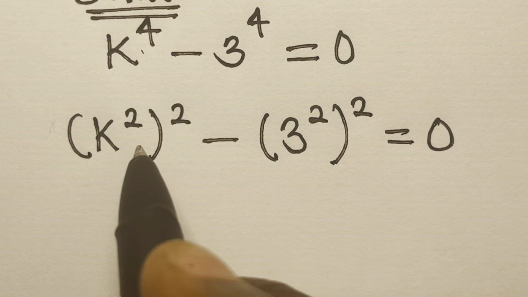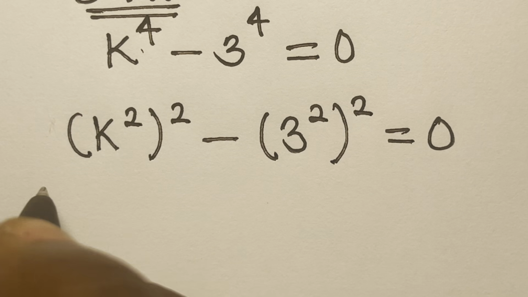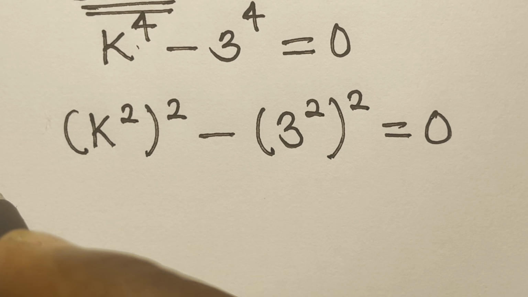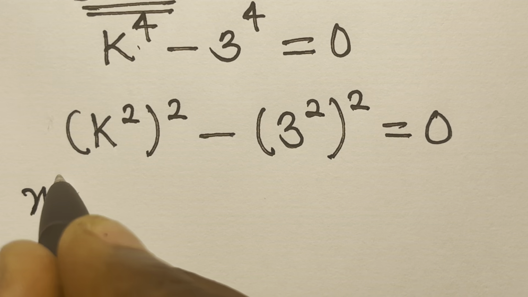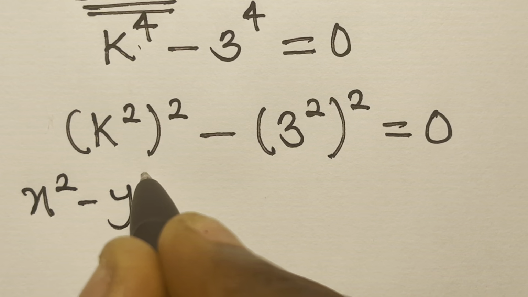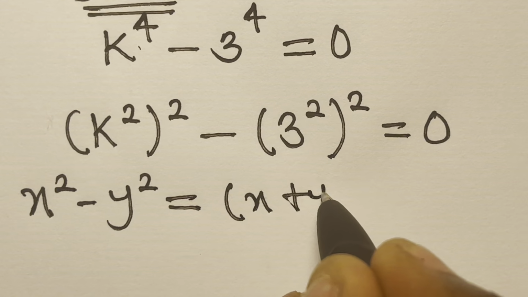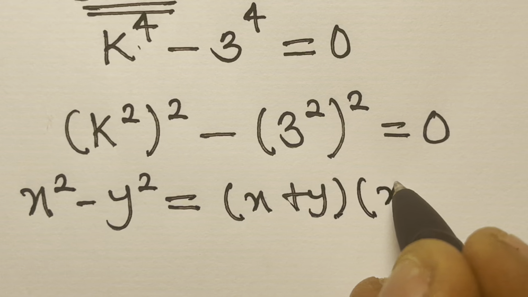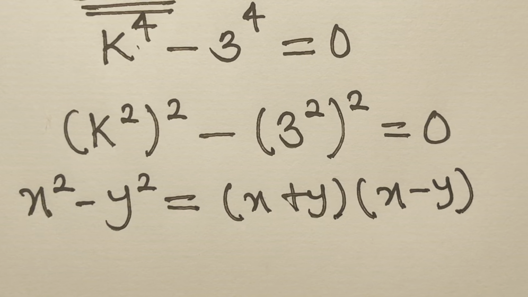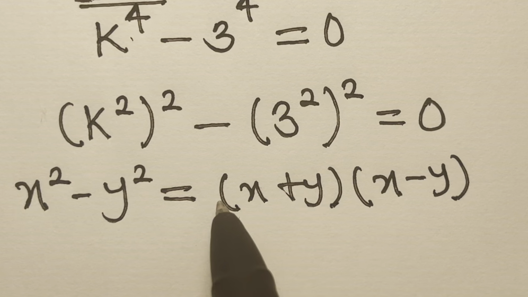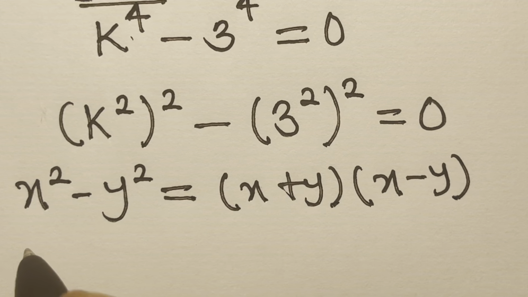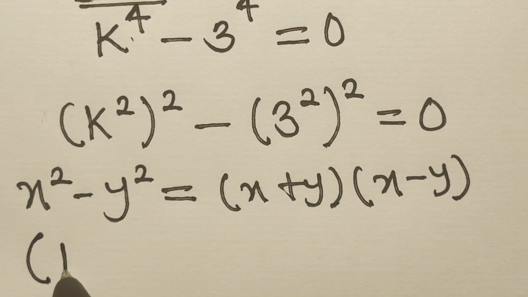If you observe, you see that this is a difference of 2 square. And if you have an expression of x square minus y square, this is a difference of 2 square, x plus y multiplied by x minus y, right? So applying this to the above, we are going to have k square plus 3 square, right?